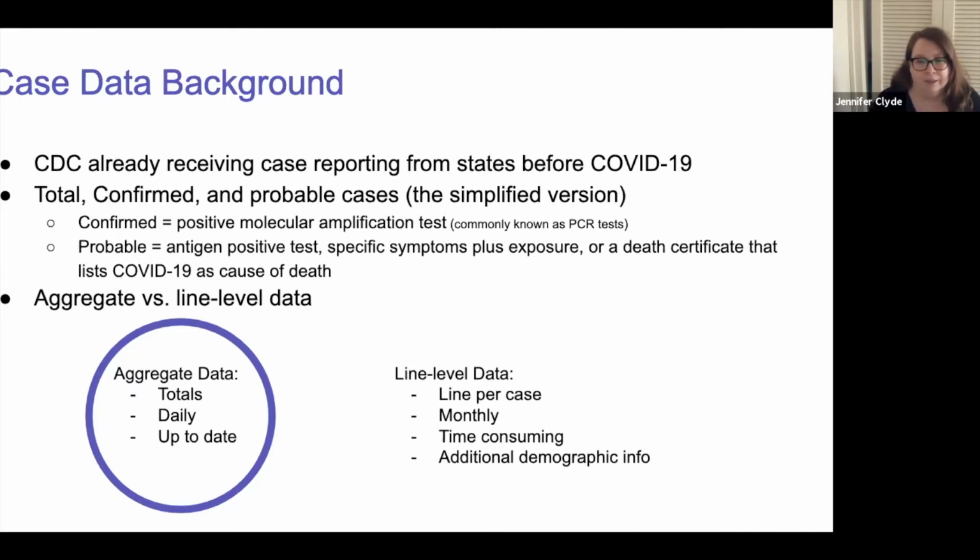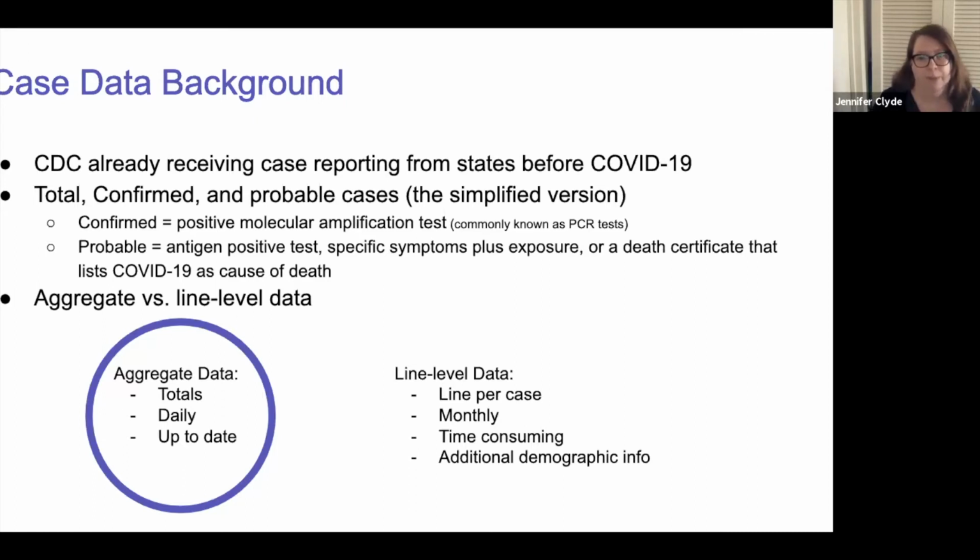Case data includes three main metrics: total cases, confirmed cases, and probable cases. The criteria for confirmed and probable case classifications are set by the Council for State and Territorial Epidemiologists, and they set out that a confirmed case is a person who has gotten a positive result from a molecular amplification test, which is commonly referred to as a PCR test.